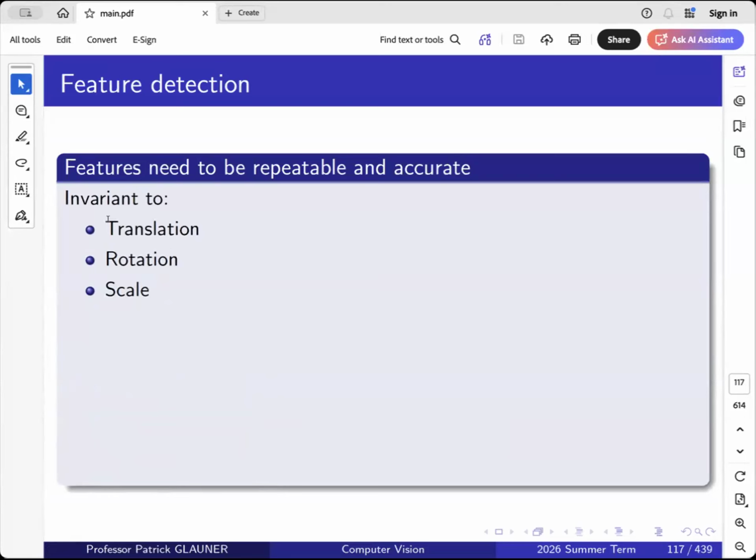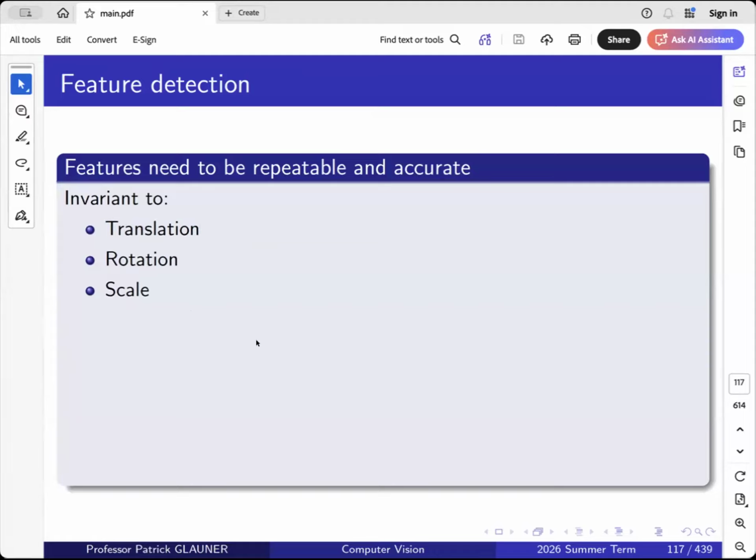For example, we want our features to be invariant to translation. Translation means I have an object in an image, say it's in the center of an image, and now if I move this object within the image, say to the upper right, I still want to find these features if I apply my algorithm.